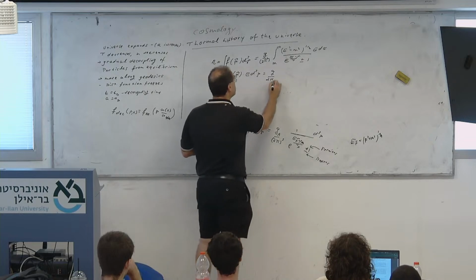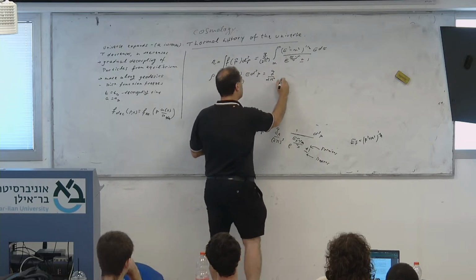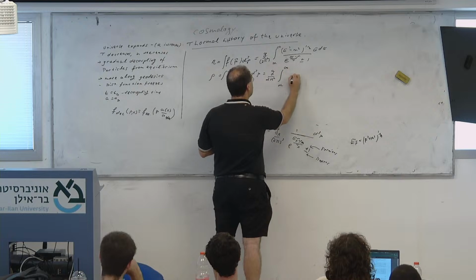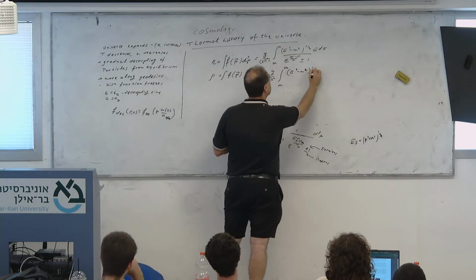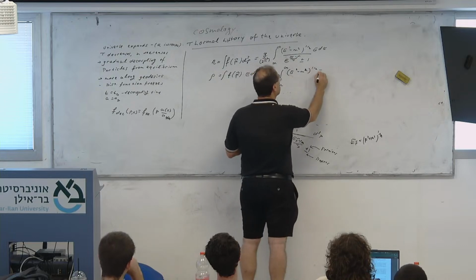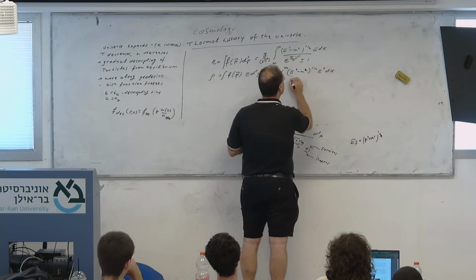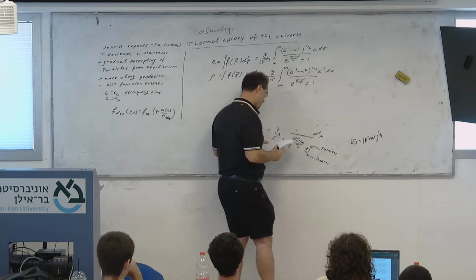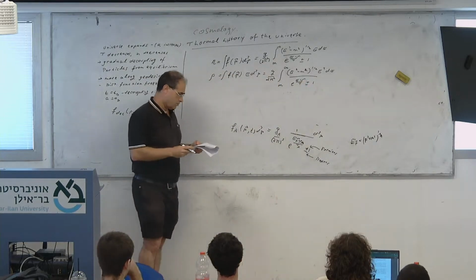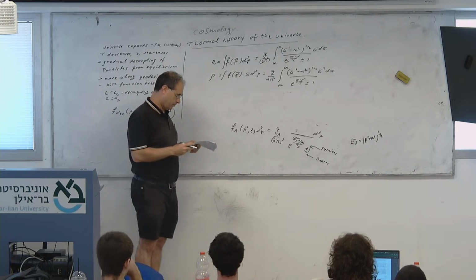So g over 2 pi squared, the integral from m to infinity of the square root of E squared minus m squared, times E squared dE, over e to the E minus mu over T plus or minus 1. Here's the pressure, which we don't need.